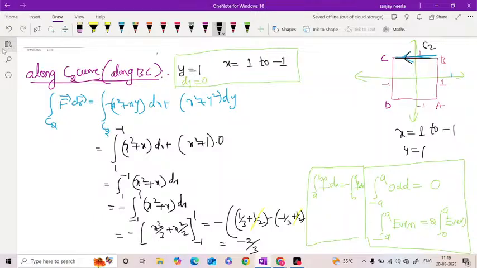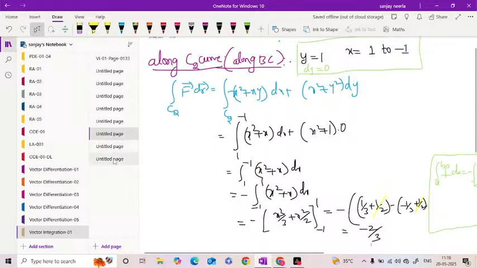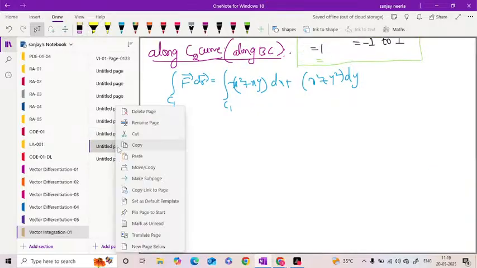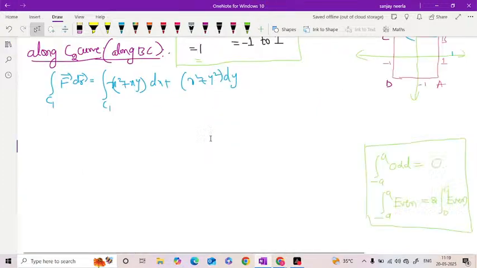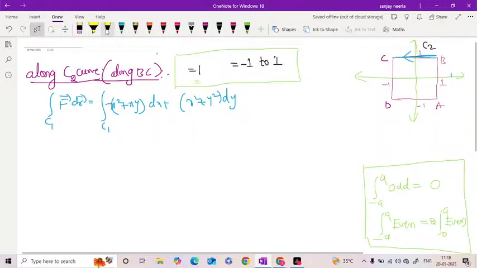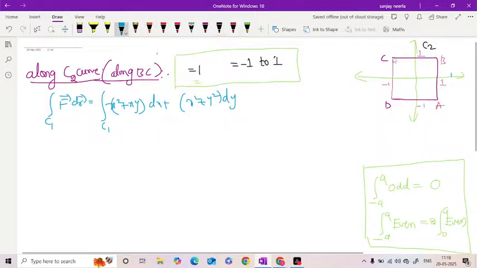Next one, come to one more direction. What is the next direction? The first direction AB is over, next BC, and next? What is the next? C2D. So C2D means in this direction. That is the C3, and here what are the x values, what are the y values?